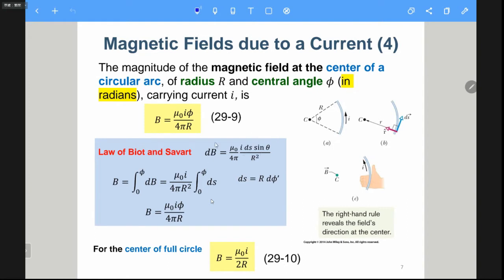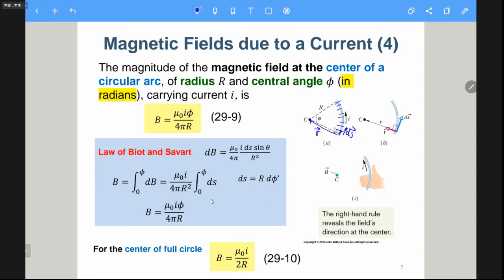So for the total B field, it will be integrating from 0 to phi dB, which means that we try to separate this circular arc into many small segments. Suppose this one is the ds, and this one will be out.